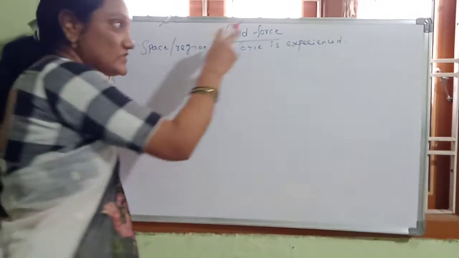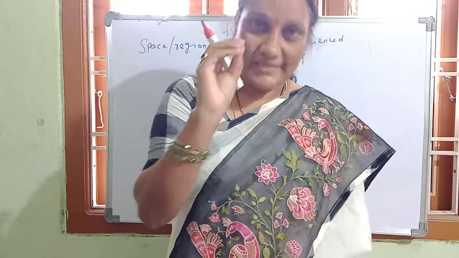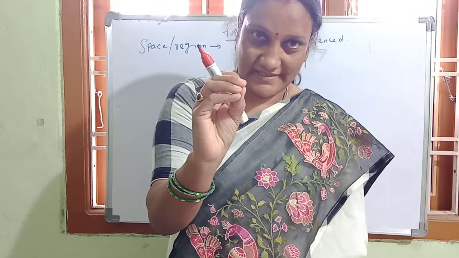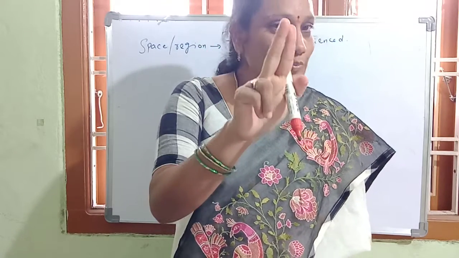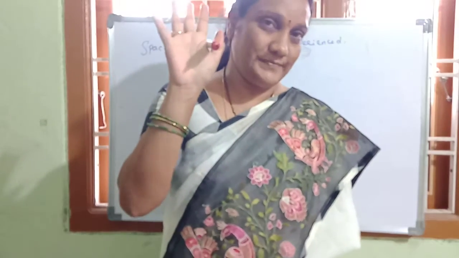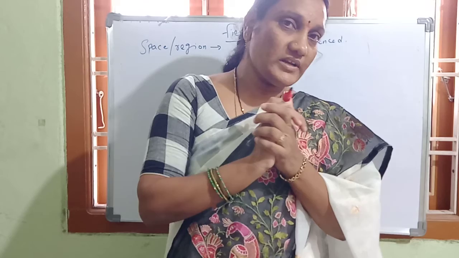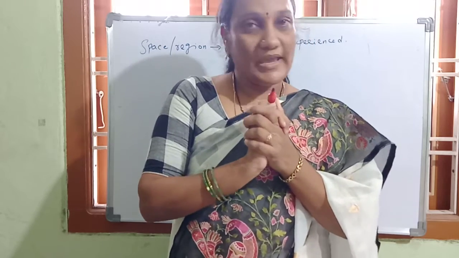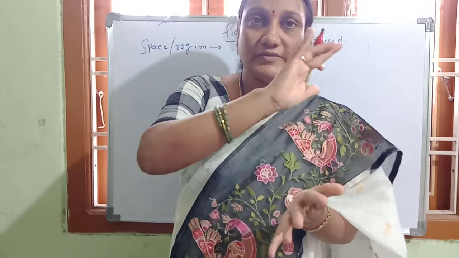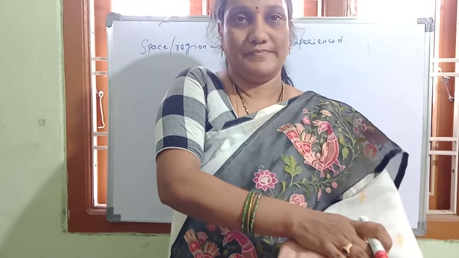Now field force talks about forces in which two bodies are not in physical contact with each other. In contact force, two bodies are in contact, and one body exerts force on the other by contact.